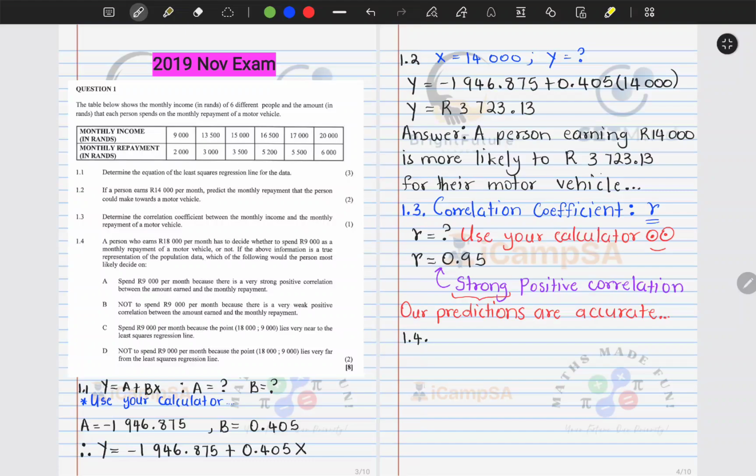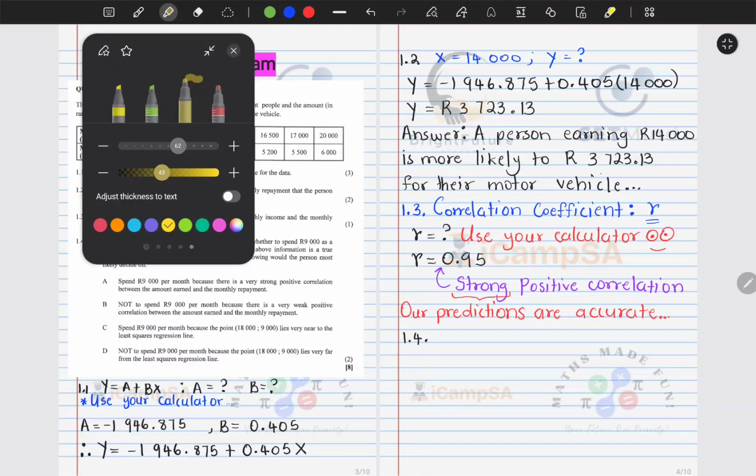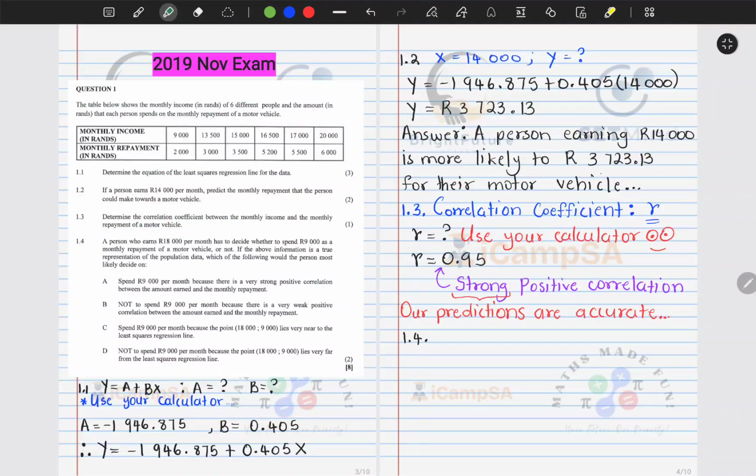Spend 9,000 per month, that's option A, because there is a strong correlation between the amount earned and the monthly repayment. Not spend 9,000 rands per month, because there is a weak positive correlation. So what we should note is what they are saying, okay? And then spend 9,000 rands per month because the point lies very near the least squares regression line. And then not spend 9,000 rand per month because that point lies very far from the least squares regression line.